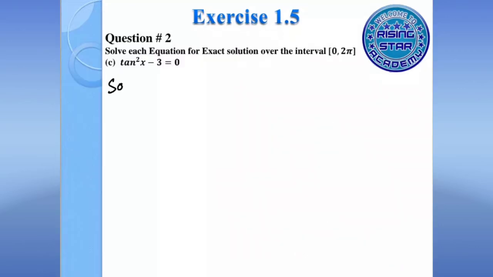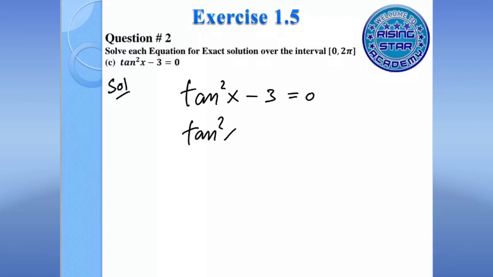Now for the C part, we would write tan square x minus 3 is equals to 0. So tan square x is equals to 3. Now we will take the square root on both sides.